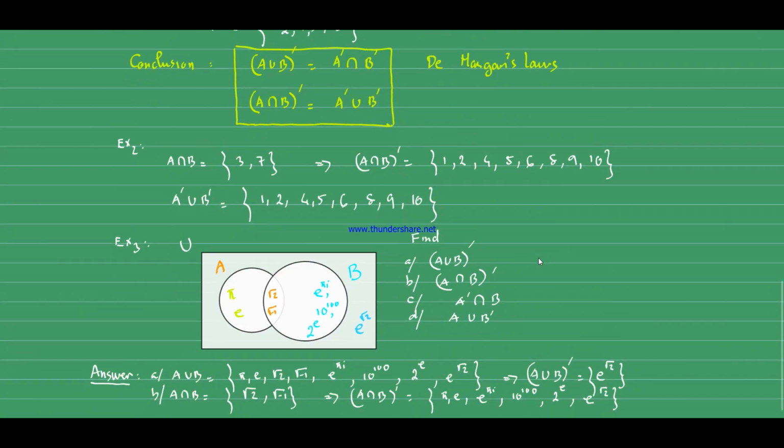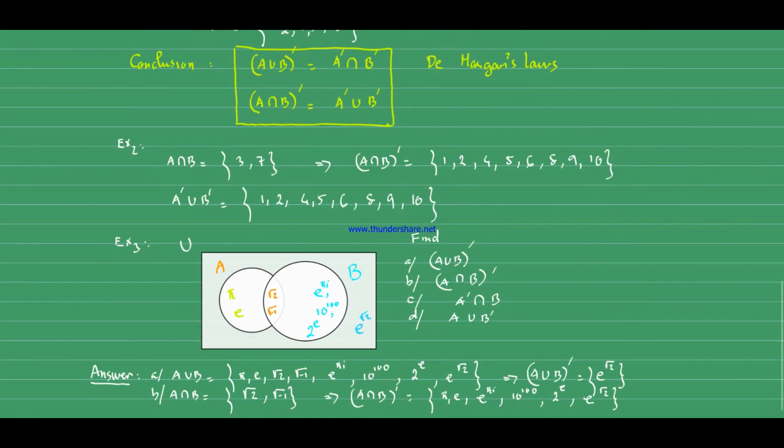That's your B. Then we go ahead and find the intersection between these two. We want to find the elements in common. So it will be e to the pi i, 10 to the 100, and 2 to the e. There you go. That's part C.